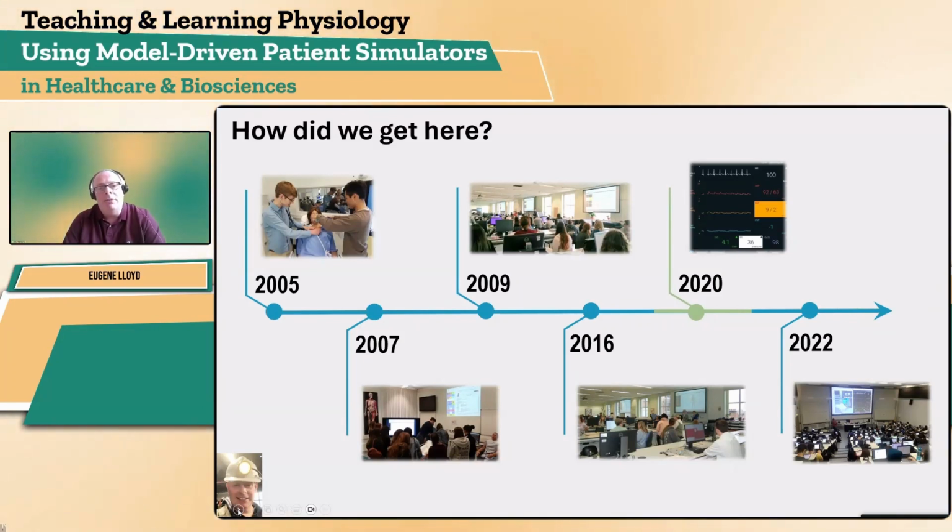But at the same time, it did mean that the students were able to interact with a physical mannequin. And Rich will talk a little bit later about how this has developed over the years, how the technology's changed, how our approach has changed, and how things like the COVID pandemic have impacted upon the learning experience, but not necessarily in a detrimental way, as Rich will show.